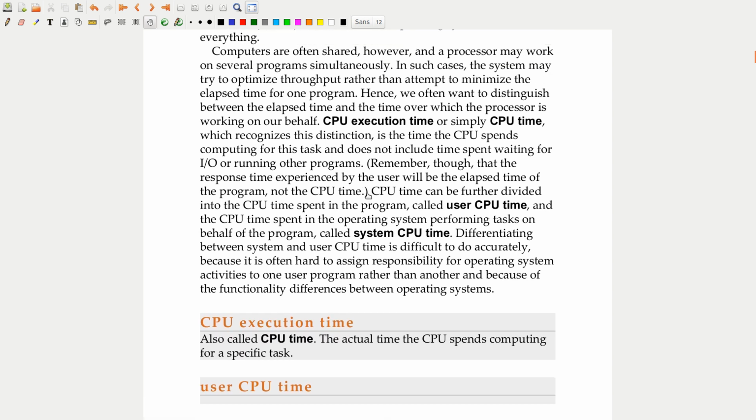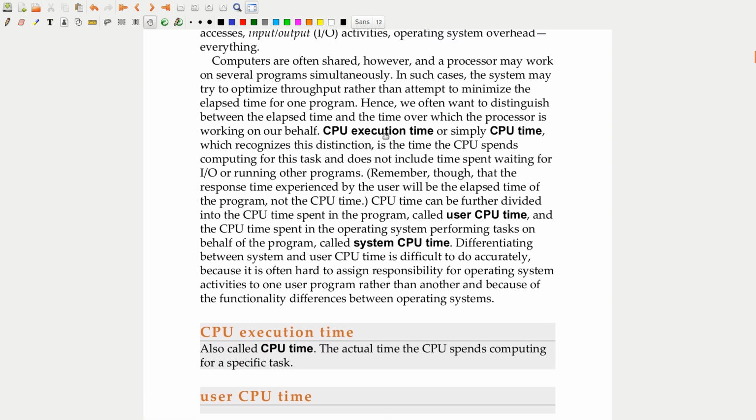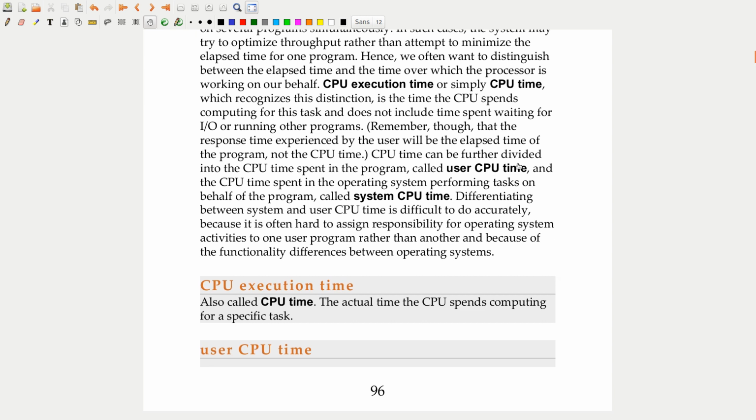So here we define different things. CPU execution time, which recognizes the distinction, is the time the CPU spends computing the task. So the CPU time is literally just the computational time. The user CPU time is the time spent in the program itself.